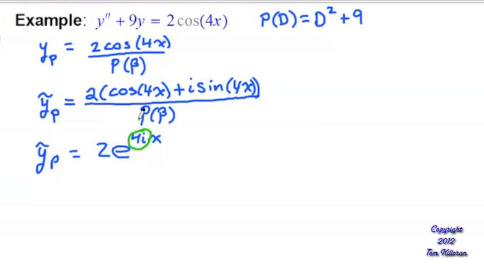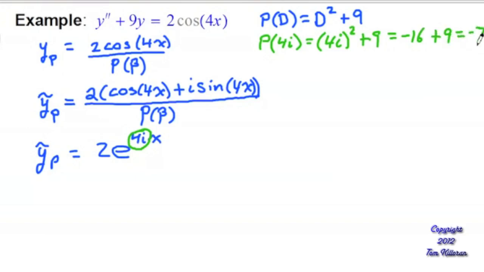So we need to take this 4i and plug it into p of D. So we're going to get p of 4i is equal to (4i)^2 + 9. Now (4i)^2, of course, is negative 16, and negative 16 plus 9 is negative 7. So the number that's going to go in the bottom here is going to be negative 7.